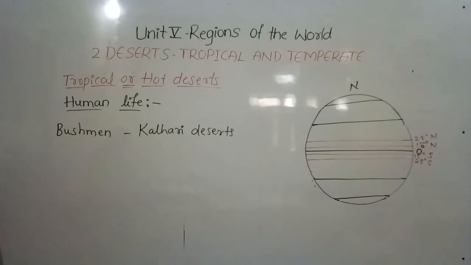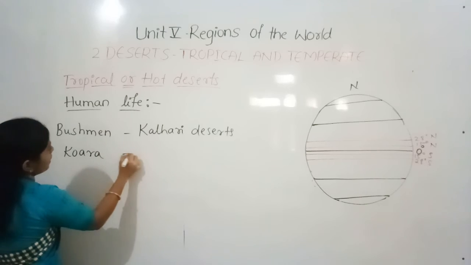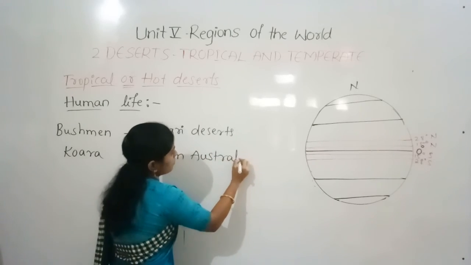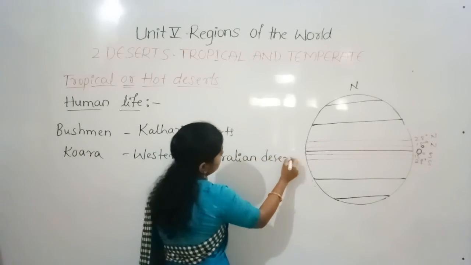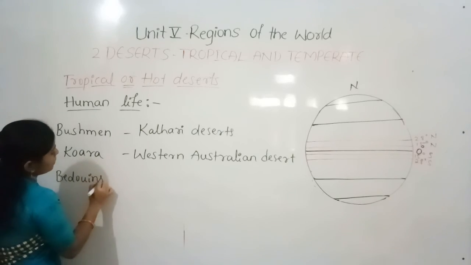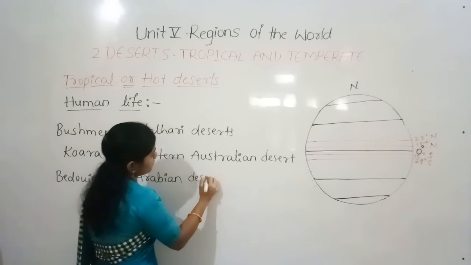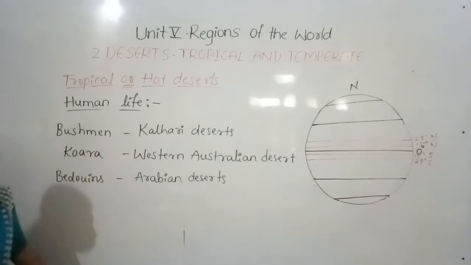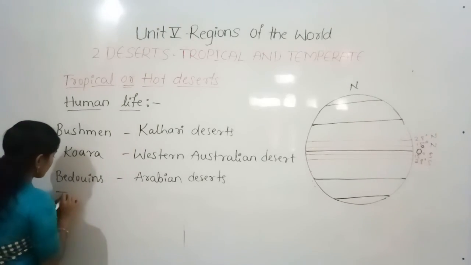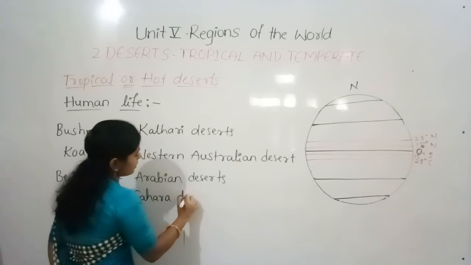The Kora tribe in the Western Australian desert, the Bedouins in the Arabian deserts, and the Tuaregs in the Sahara deserts.